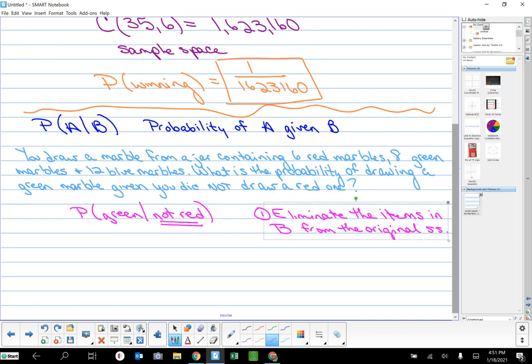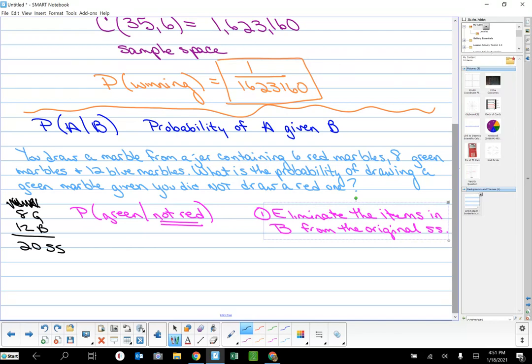Okay, so if my sample space started out as 6 red, 8 green, 12 blue, and we're now saying it can't be red, well, it can't be red, so we're going to take the red out of there. So my sample space is now only 20 marbles. Sample space is now 20.